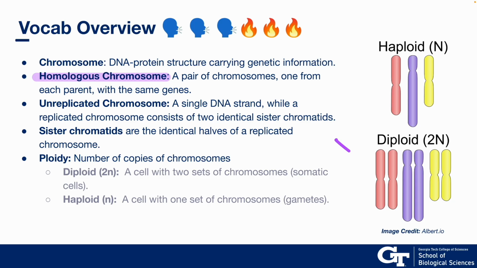So like an X structure like this, that is a homologous chromosome, and that's this as a whole. And so each individual part of that is a homolog. When we have two homologs, because they're homologous, they're the same, that's how we get a homologous chromosome.